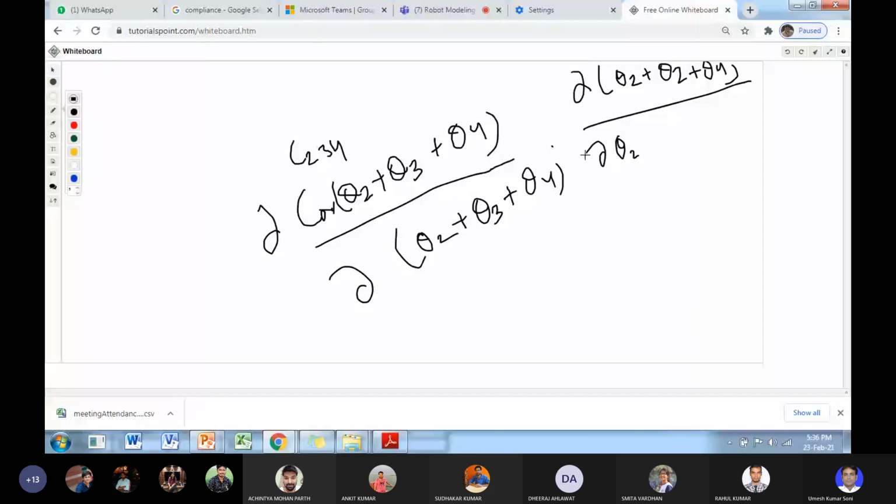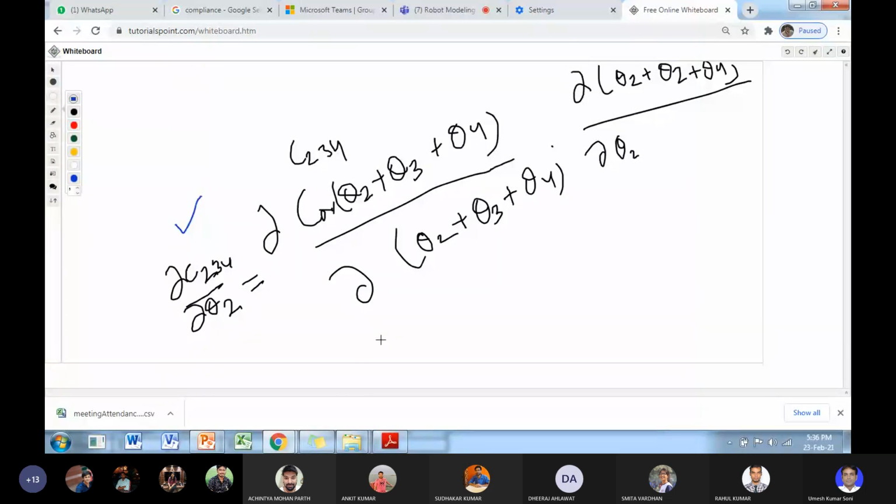Okay, so this is completely ∂C234/∂θ2. This is the representation.